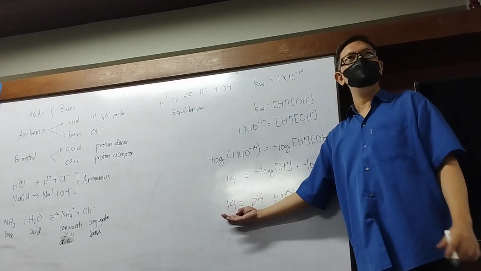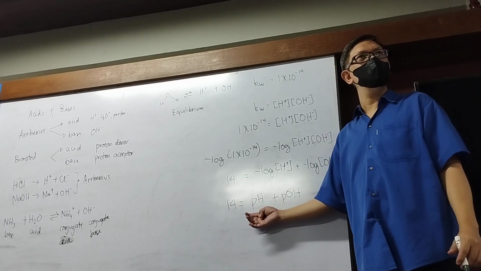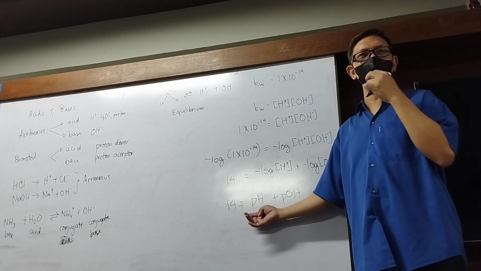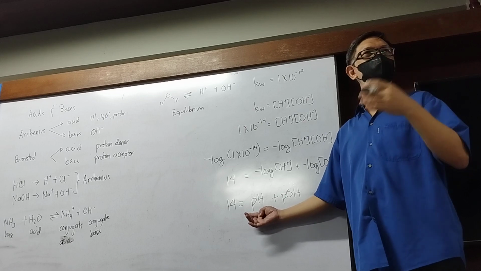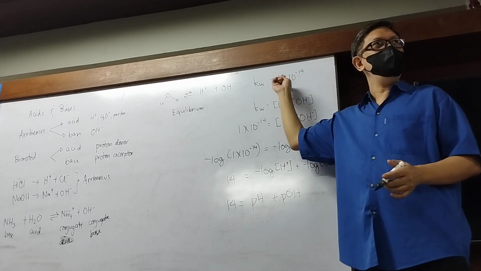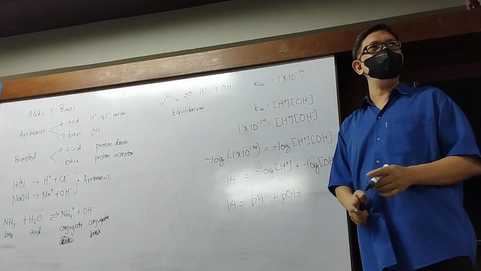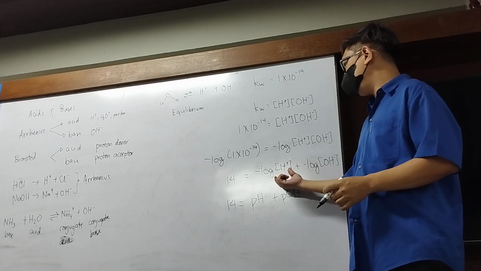So the maximum number of either one is 14. Okay? So sometimes dun sa devices, lumalabas siya 15 or nag-0, pero yun yung range niya na ano. Kasi base siya dun sa Kw ng water. So that's the main thing about this. So there's a balancing act.